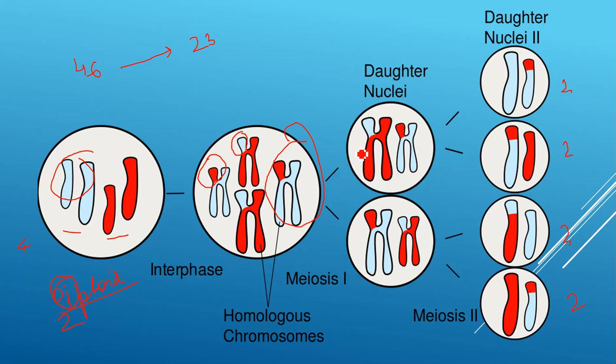And as you know that both daughter cells have only one set, the condition is called haploid. Haploid is 1 and ploid means number of chromosome sets, so only a single chromosome set is present. So this is reductional division.